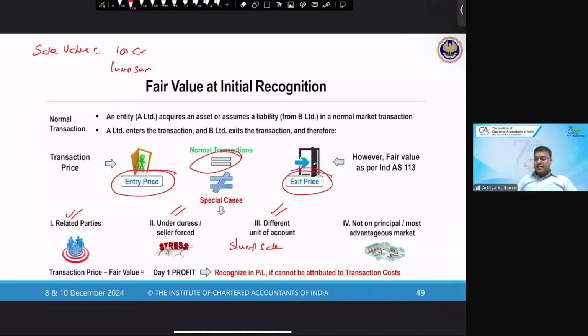Now, when the sale value is 100 crores on a lump sum basis, on the opposite side I will record asset 1, 2, 3, liability 1, liability 2, and this accounting will be at fair value. Do you think this and this will ever match?